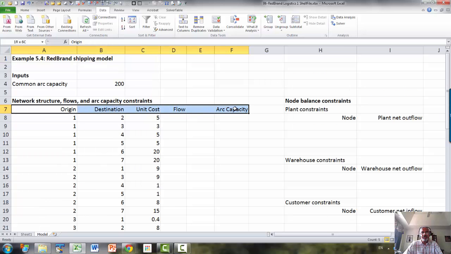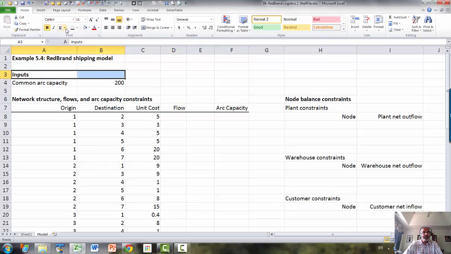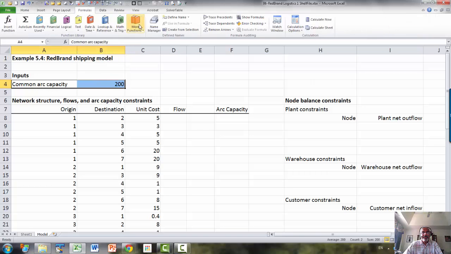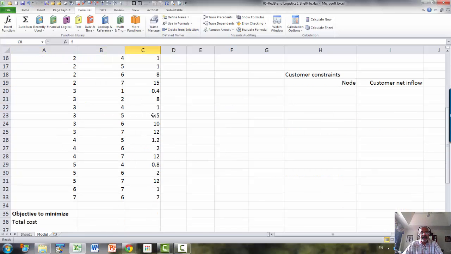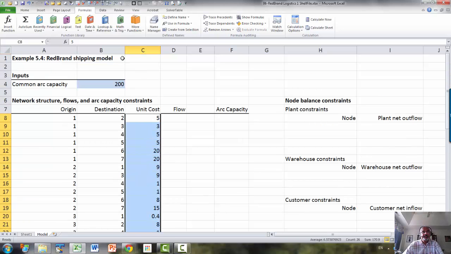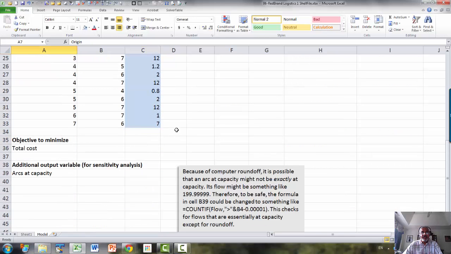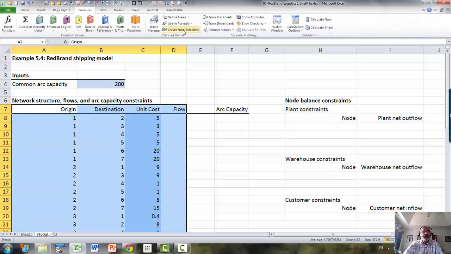So let's color code these. Common arc capacity is an input, so let's give a name to that. And the unit cost is an input. And let's give names to these 4 columns. Okay.